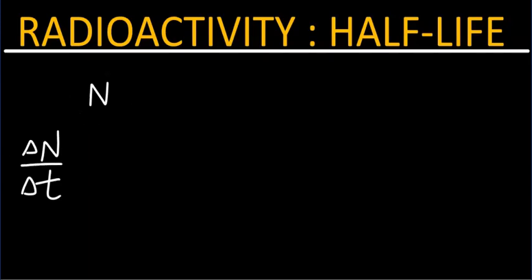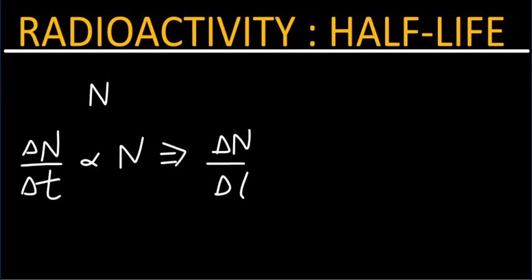So mathematically, we can write this expression in that form. We can turn this proportionality into an equation in the following manner. Delta N over delta T equals minus lambda N, where this lambda is a constant of proportionality.